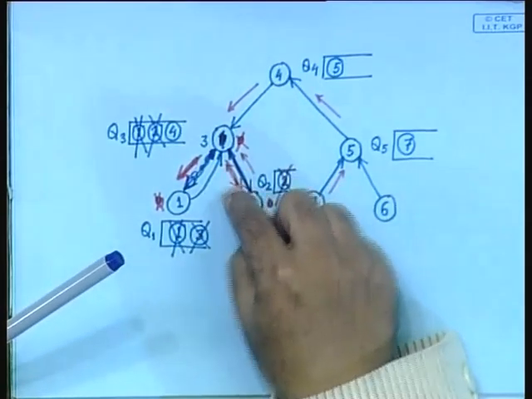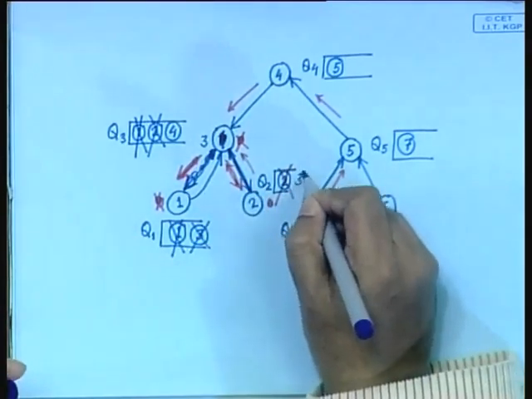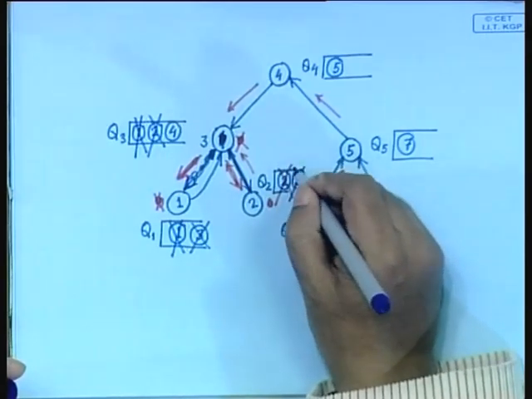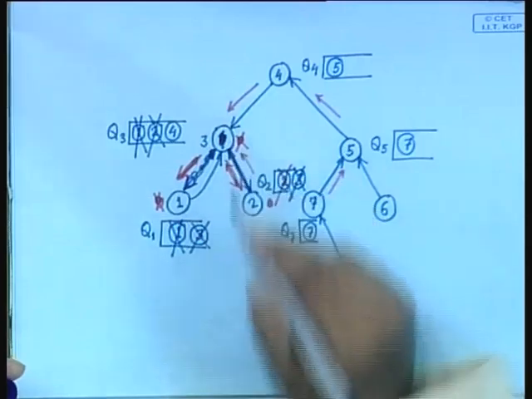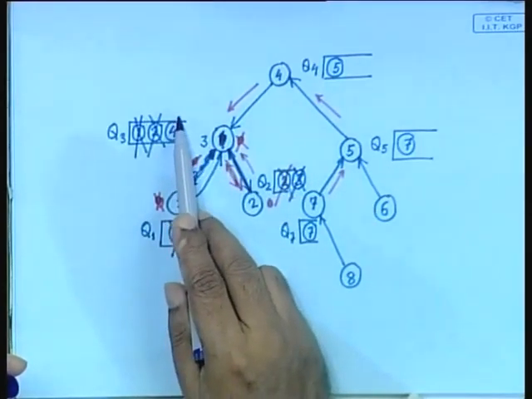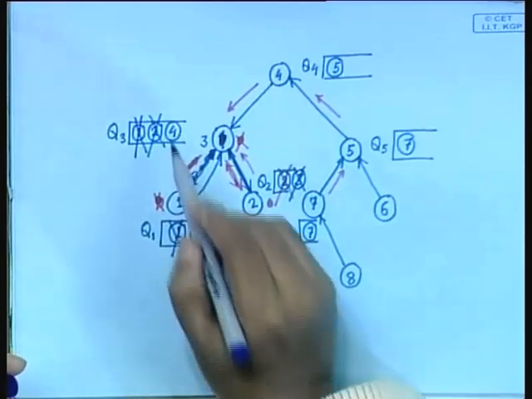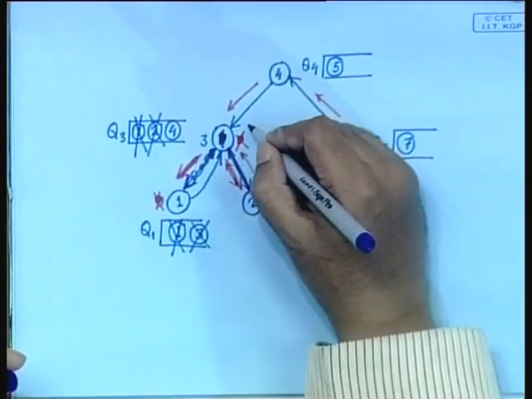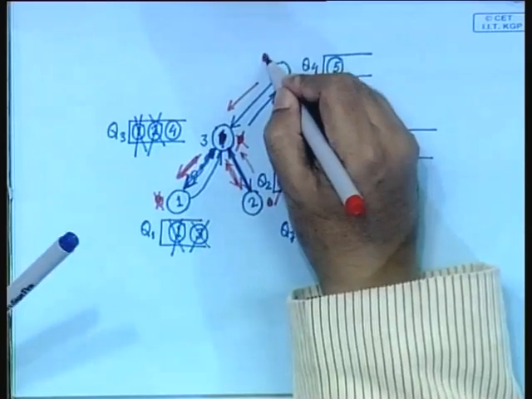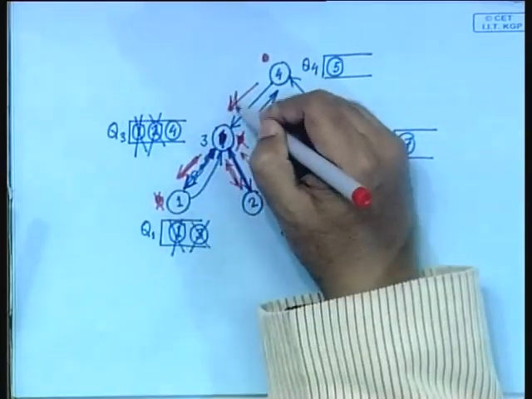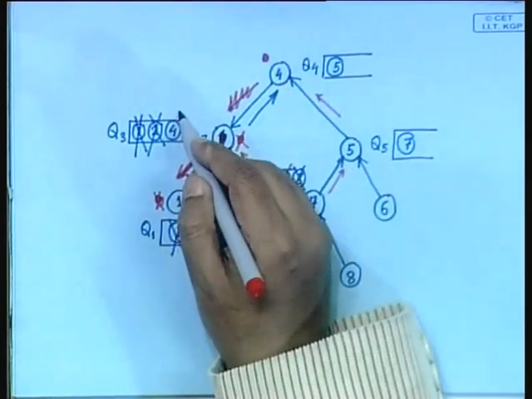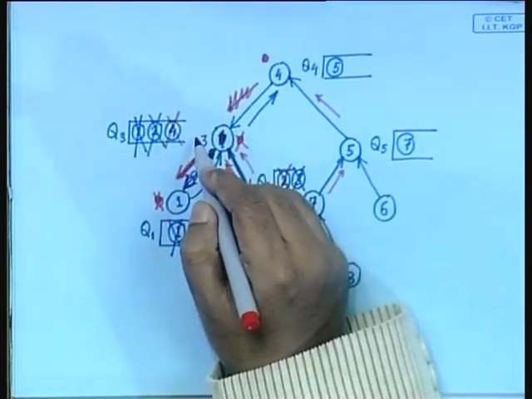Because when 3 made the request, that request was recorded here. So, when 2 is completed, it sends the token back to 3. Now, 3 has the token and it says 4 is the requesting node. So, it sends the token to 4, okay. Token is here, and does 3 make another request? No, because its queue is now empty, right.